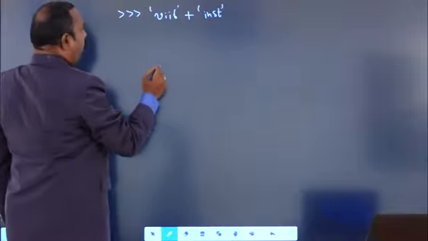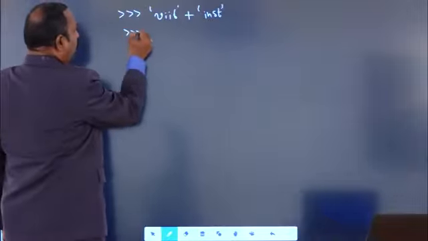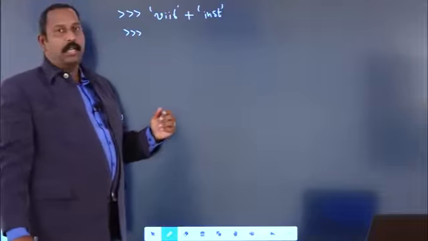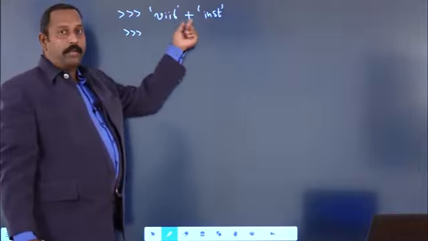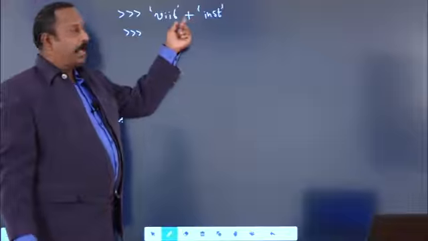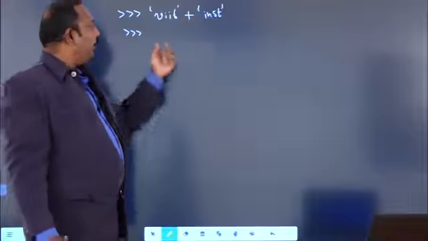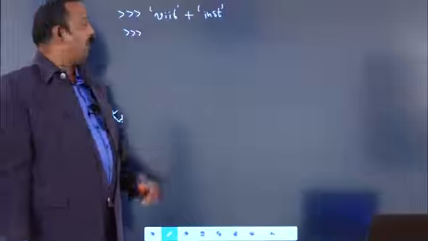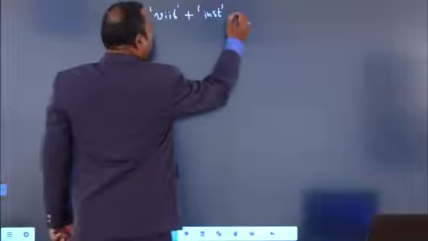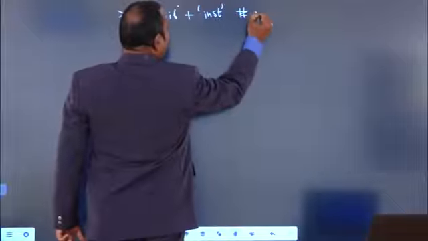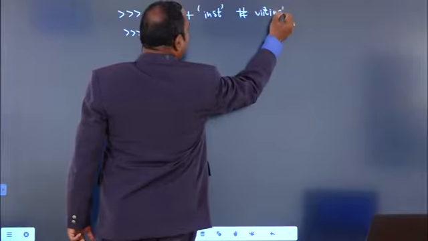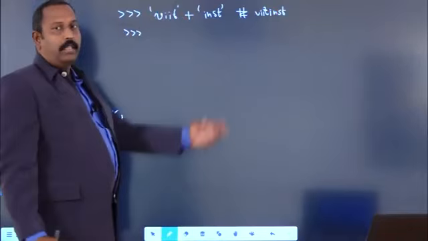Here we are performing an operation on the string VIIT and the string INST. Here we are using the plus operator. That means the plus operator works as a concatenation symbol for the string data type. So what is the output you will get? You will get the output VIIT INST.